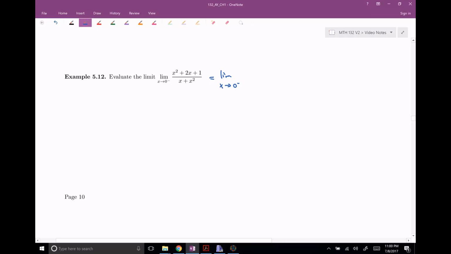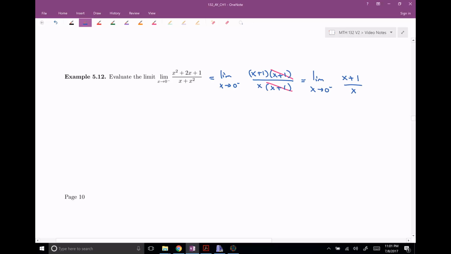So we're approaching 0 from the left, and again, this is x plus 1 times x plus 1 divided by x times x plus 1, and so we get a bit of cancellation. And so the true question becomes the limit as x approaches 0 from the left of x plus 1 divided by x.